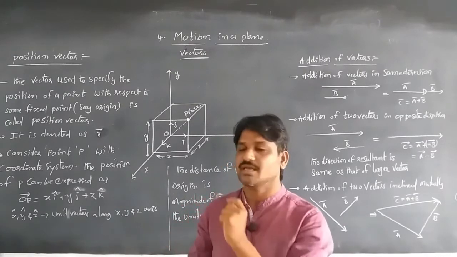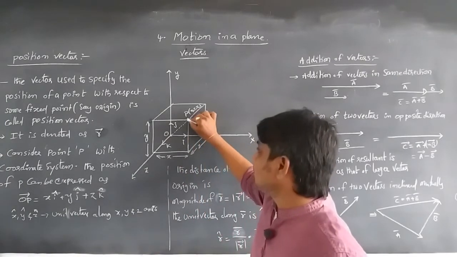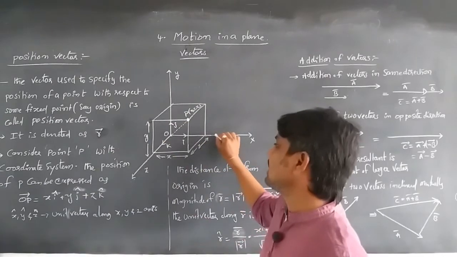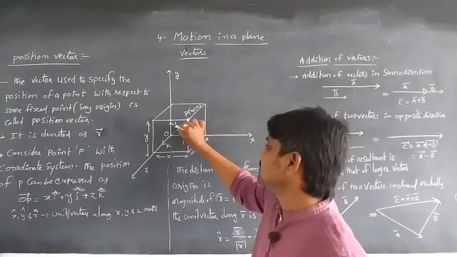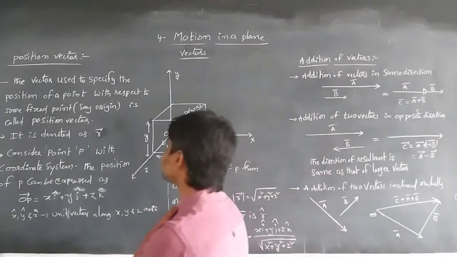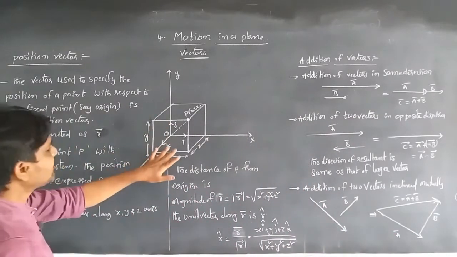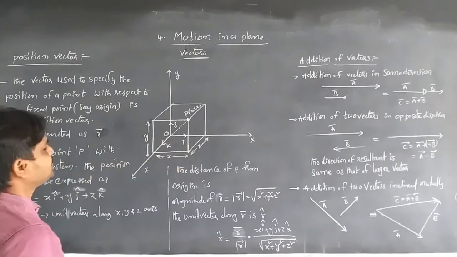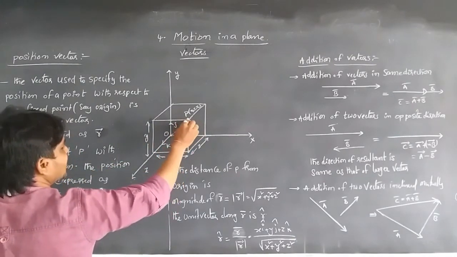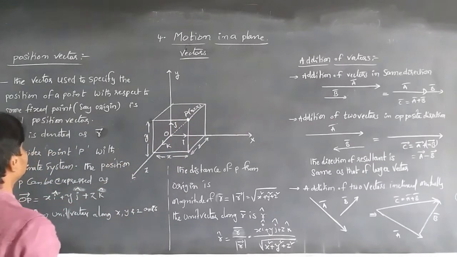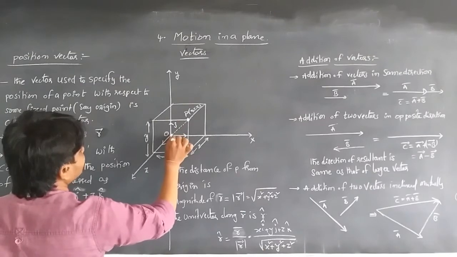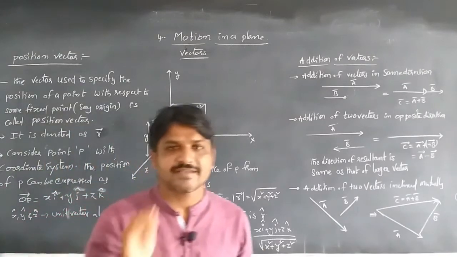Consider P is a particle in the coordinate system, where x, y, z are the coordinate axes, and i, j, k are the unit vectors in the directions of the x, y, z axes. Already we know that. The vector is used to specify the position of a particle with respect to a fixed point.